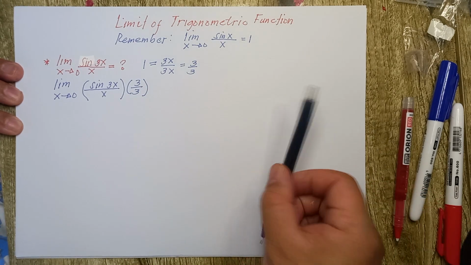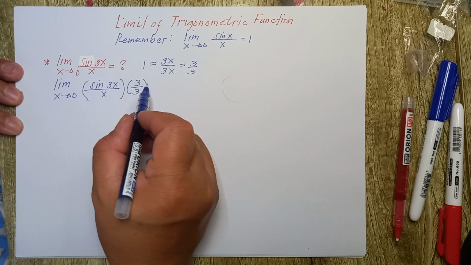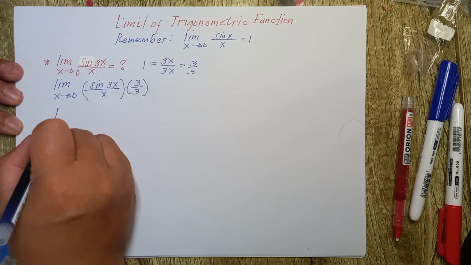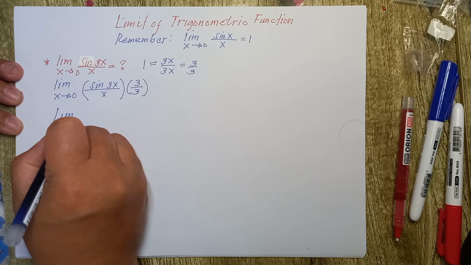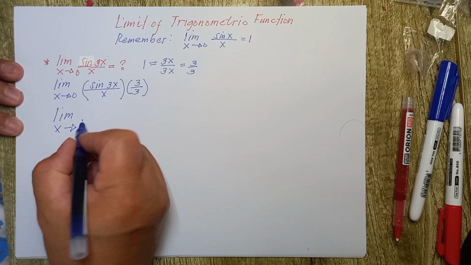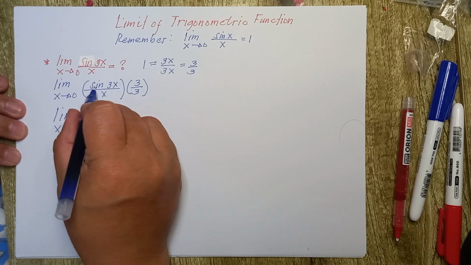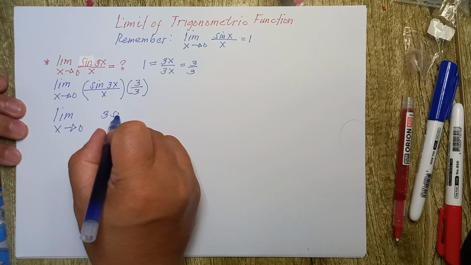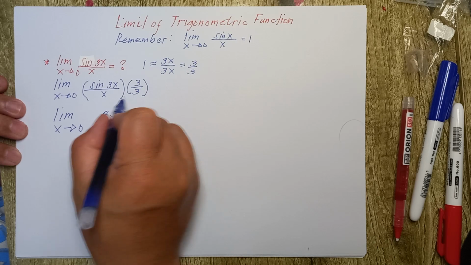When we multiply numerator to numerator and denominator to denominator, we get the limit as x approaches 0 of 3 multiplied by sine 3x, which gives 3 sine 3x, over 3x in the denominator.